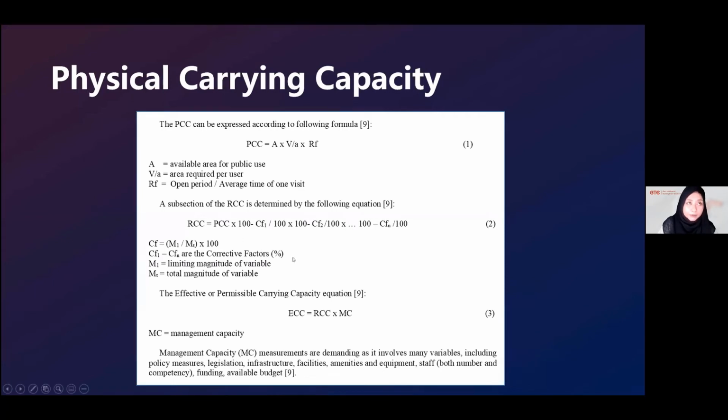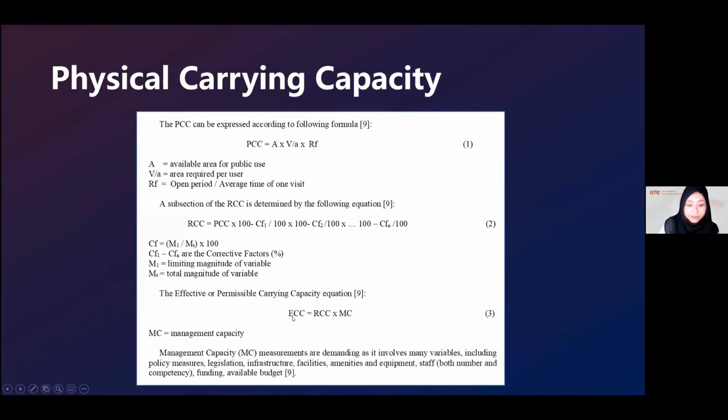For example, if in that month we have so many rainy days, we can have something like 0.5, you need to multiply this PCC by 0.5 factors, right? So it will reduce the number by limiting the environmental factors.